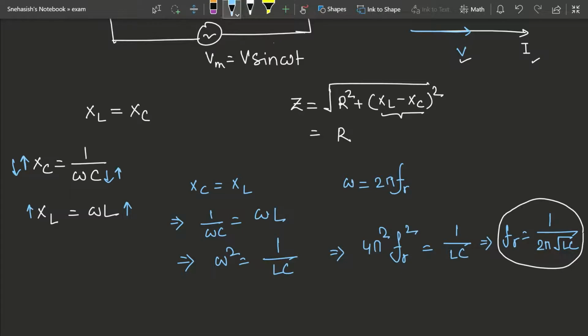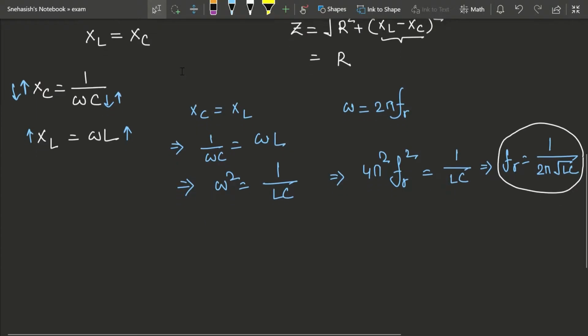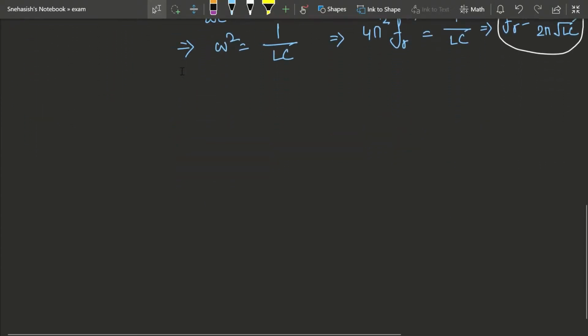This is called the resonating frequency, as I told before, and this is the resonance condition. Okay, when the frequency becomes 1 upon 2 pi square root of LC, then the resonance will occur in an RLC circuit.